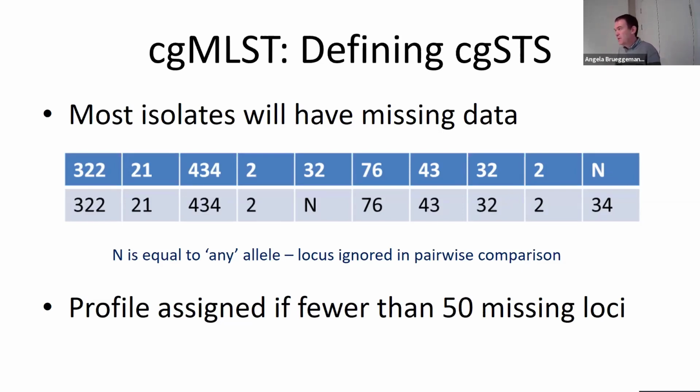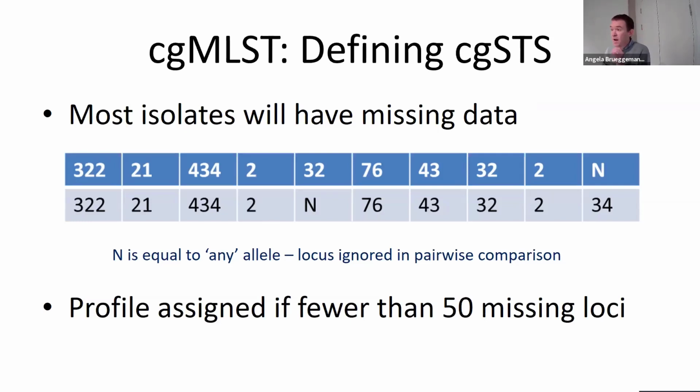In an absolute extreme case where you had 1,600 missing loci, it would be the same as everything else in the database, and everything collapses down into a single node. So you have to limit it, and we allow profiles that have up to 50 missing loci. That's a completely arbitrary number, but it seems to make sense and not cause us any problems.